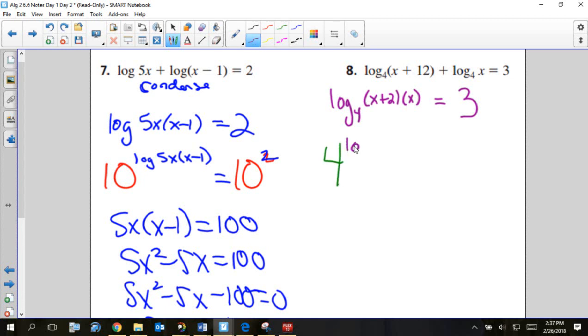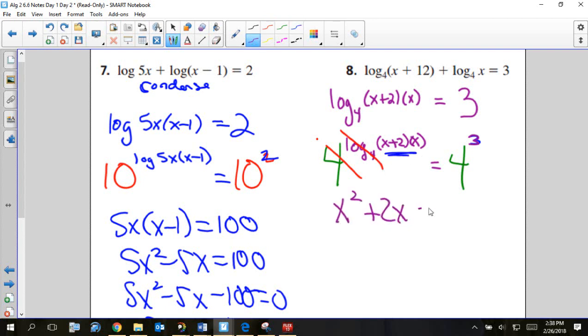And then we'll put everything in the exponent. That will cancel out the 4 and the log base 4. I'm going to multiply this out, so we'll get x squared plus 2x equals 64. So it's x squared plus 2x minus 64 equals 0. Does that factor?